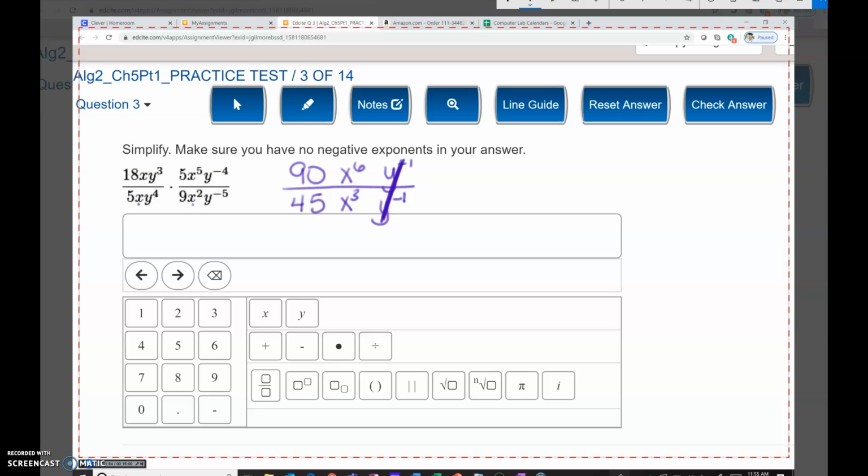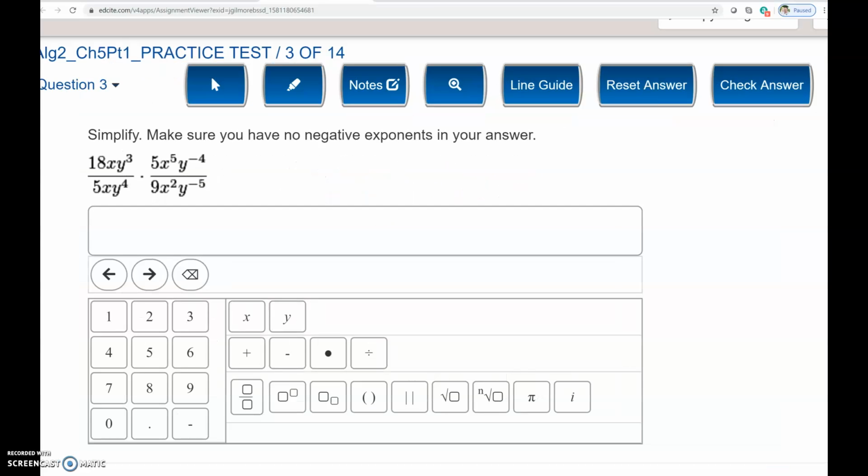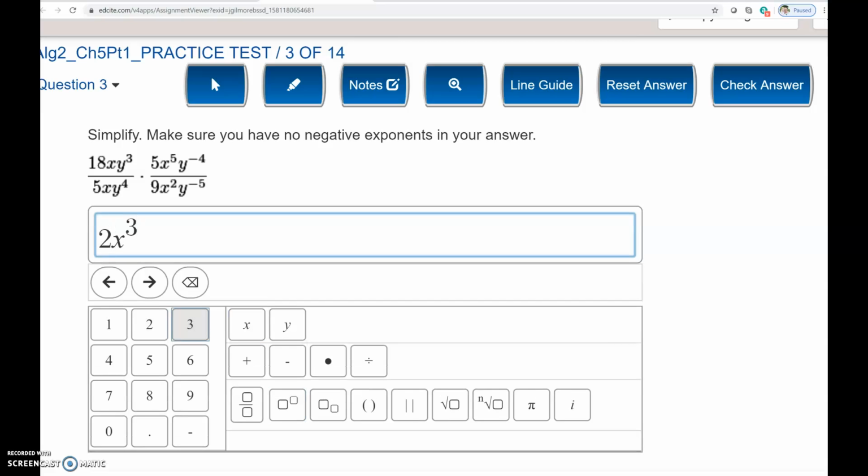That is 90 divided by 45, which is 2. x to the 6th divided by x to the 3rd: these 3 cancel out 3 of the 6, leaving you with 3 left over. Or you can do 6 minus 3 is 3. So 2x to the 3rd is our correct answer. And we type it in: 2x raised to the 3rd.